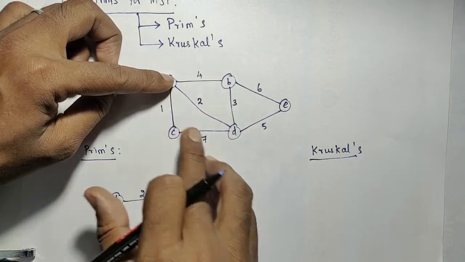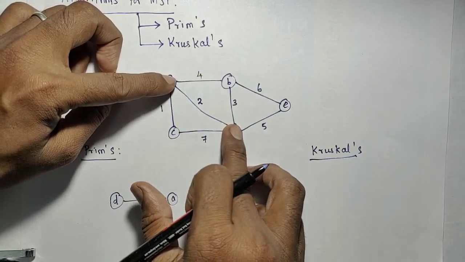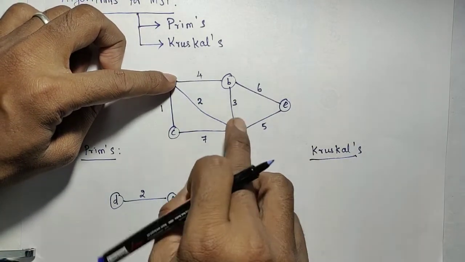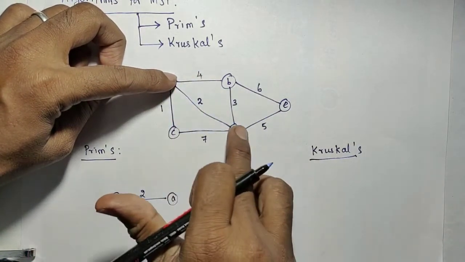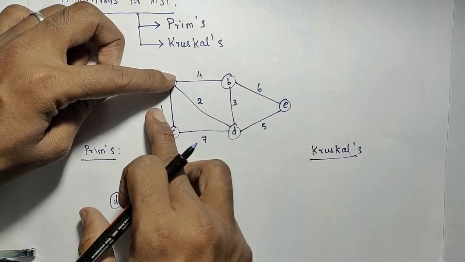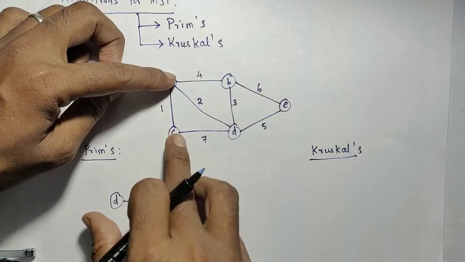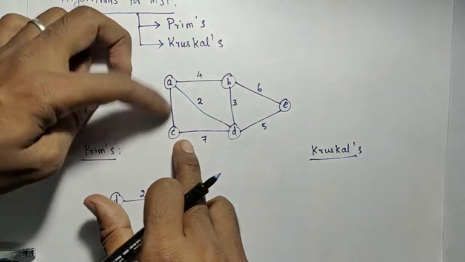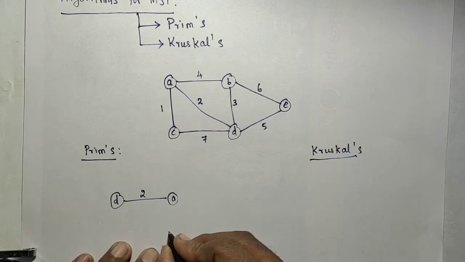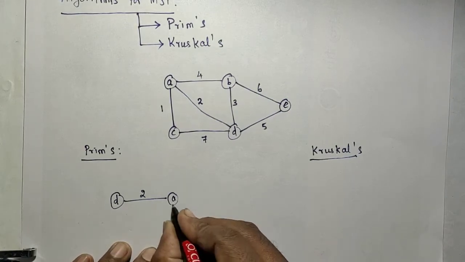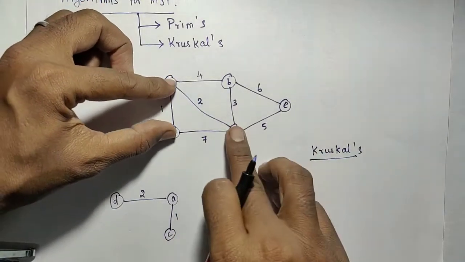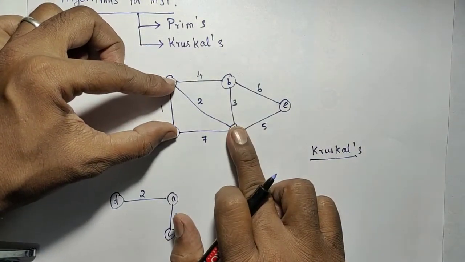Among those, you choose the least one. Which is the least one? That is 1. So you choose that edge: A to C with the cost 1. That will be added in the spanning tree. So we have added 3 edges.